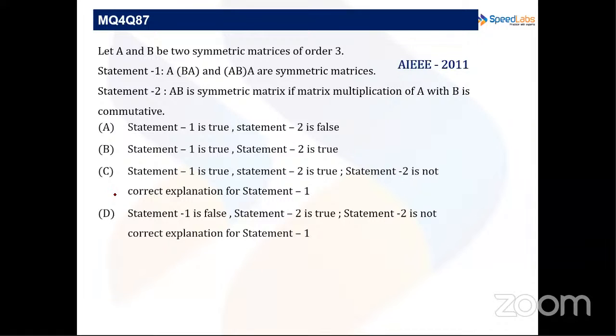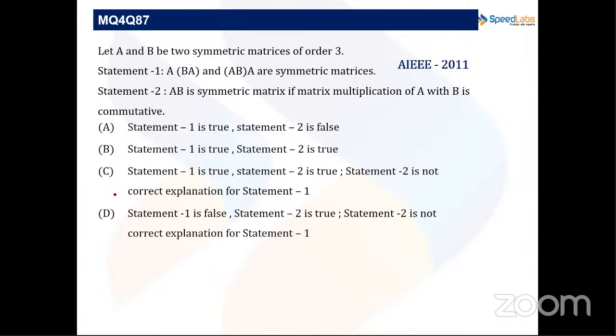Giving you 30-second time. So we are given A and B are two symmetric matrices of order 3. Statement 1 is A, BA and ABA are symmetric matrices.